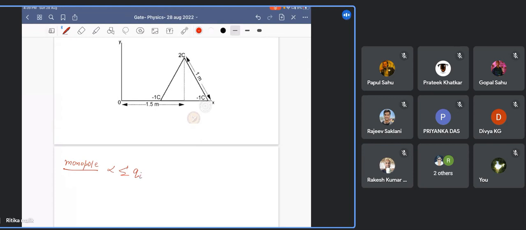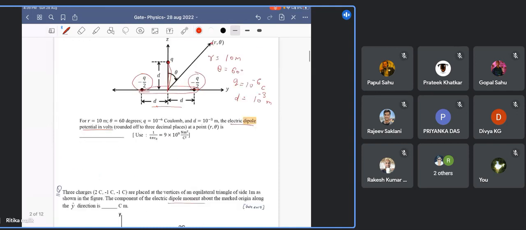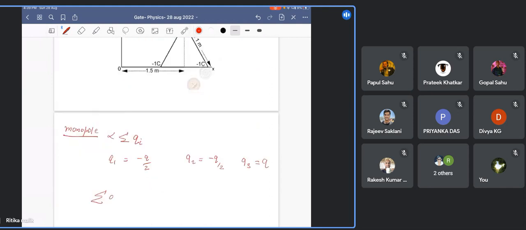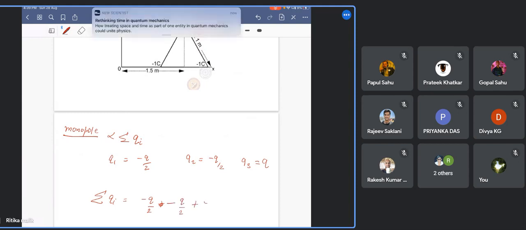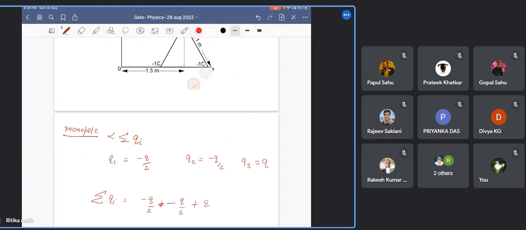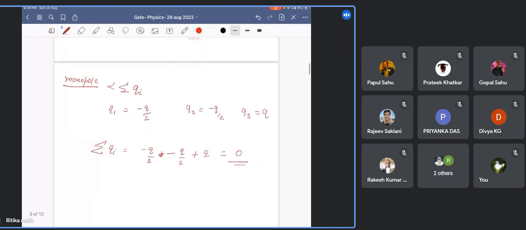We have three charges: Q1 is minus Q by 2, Q2 is minus Q by 2, and Q3 is Q. Taking the sum over all these charges, we get minus Q by 2 minus Q by 2 plus Q, which becomes 0. So there is no monopole here. So we will check whether it is the case of a dipole or not.